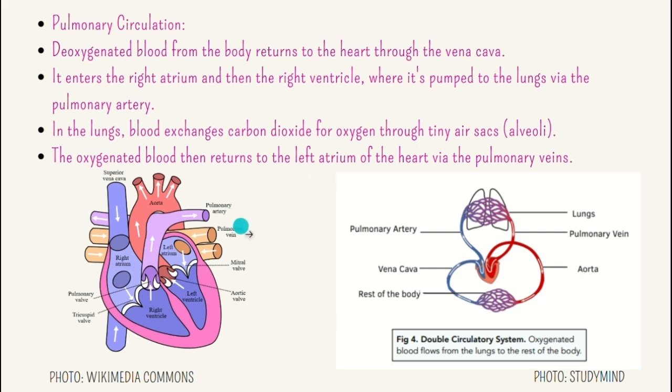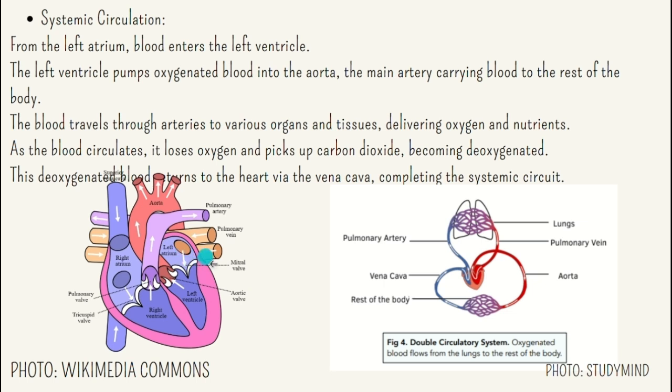When it comes back, it enters through the pulmonary veins and then goes to the left atrium, right? From the left atrium it enters the left ventricle, and then it pumps oxygenated blood into the aorta, and then the aorta to the rest of the body, right? So all these different organs and tissues that need this oxygenated blood are going to get it, and that is how we say that blood goes through the heart twice, right?